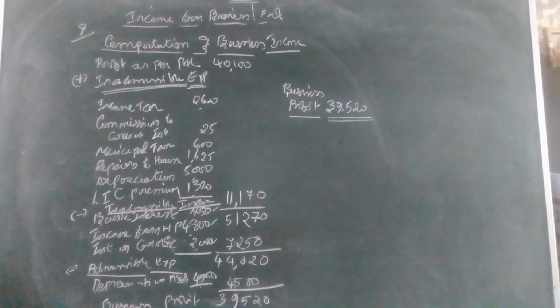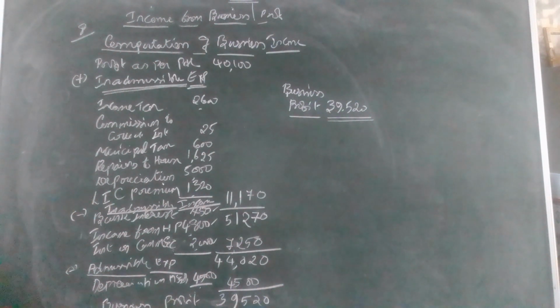All these inadmissible expenses you have taken, you have added with the profit already given in the question. Then inadmissible income: certain types of incomes are accounted on the credit side of the P&L account, and those should not be considered. What are they? Number one, bank interest.